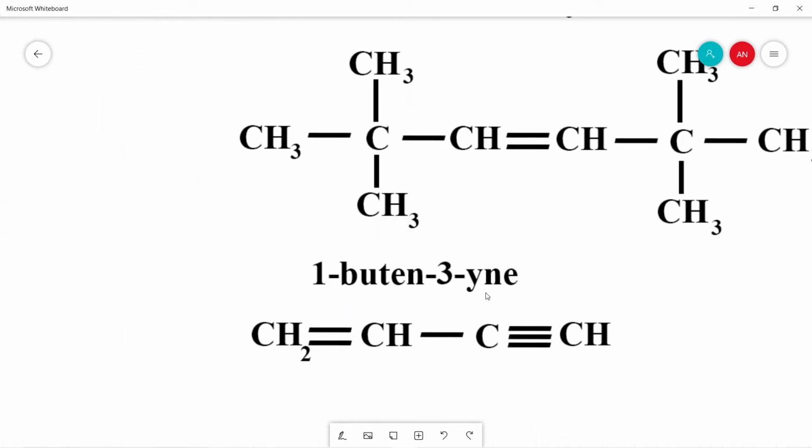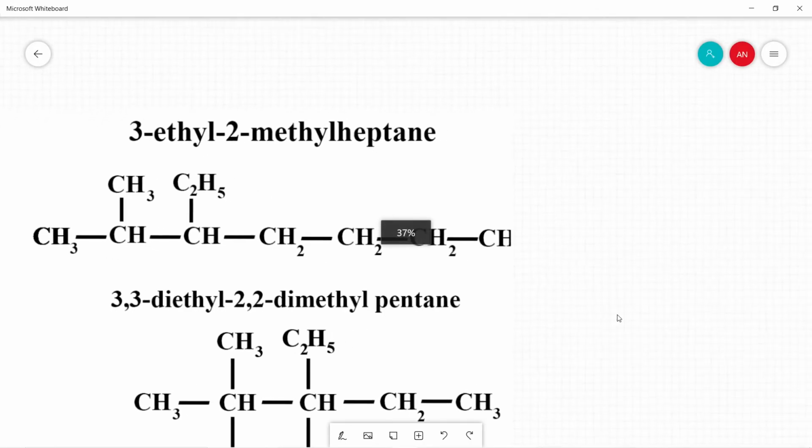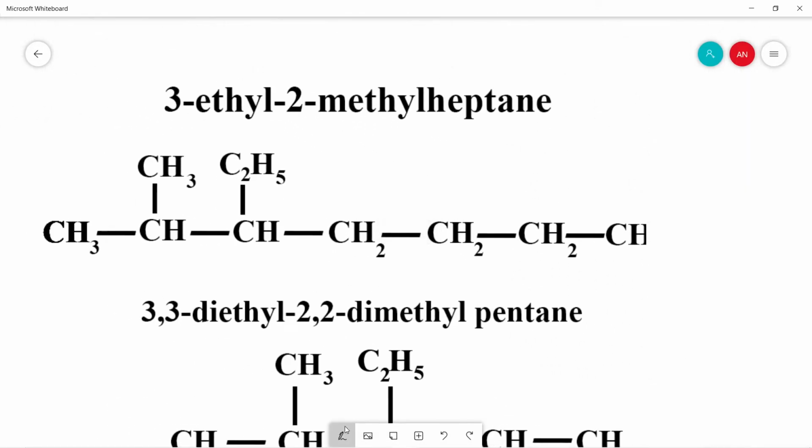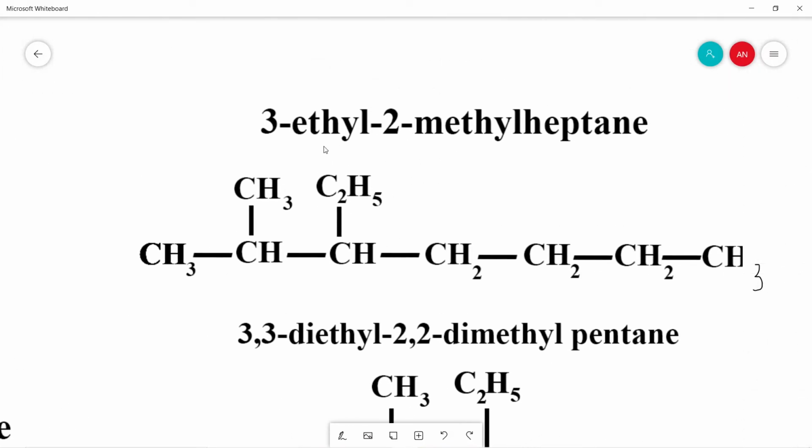Alright, now here it is, 1-butene-3-yne, right? As I already told you, we will be giving preference to the double bond, right? Now moving towards this one, there should be 3, right? So there's an ethyl radical on the third carbon and a methyl radical on the second carbon, and the parent chain is of course heptane, so 7 carbons.